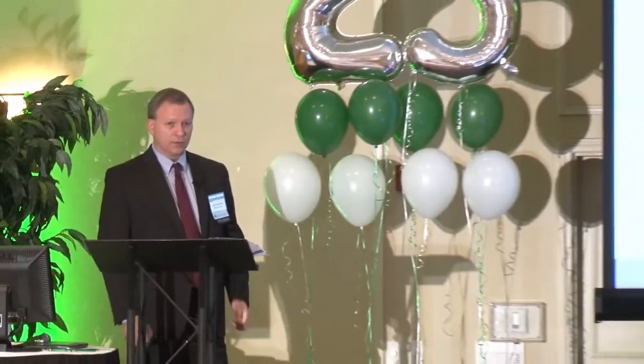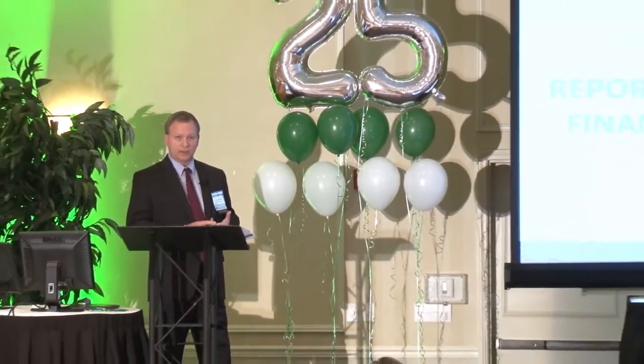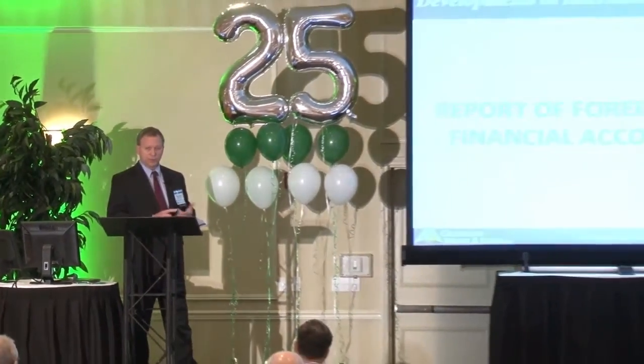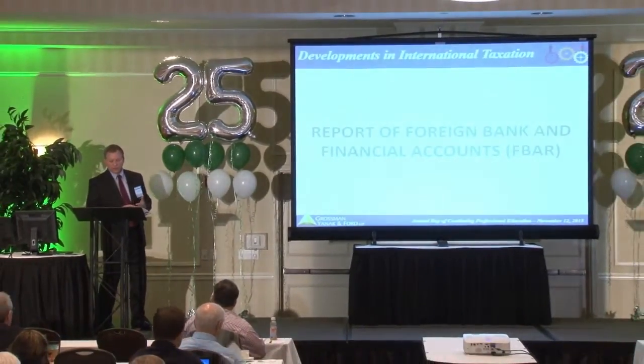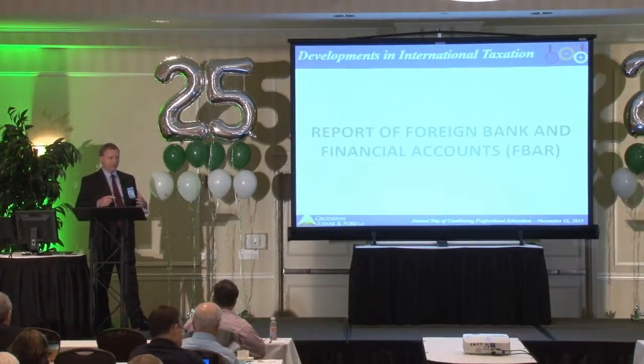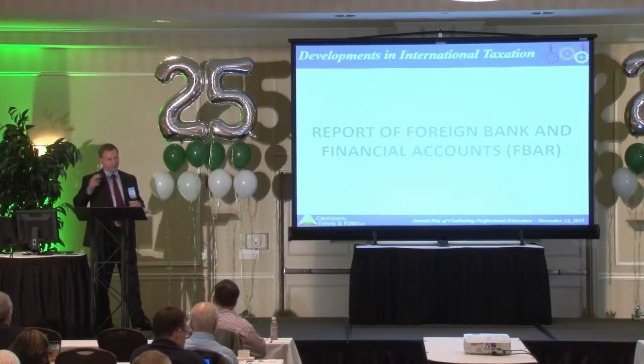The second area I want to talk about, as you're all aware, is that the IRS has access to all your investment income. Your 1099s, for U.S. purposes, come right to them. Your Schedule K-1s. So they have a pretty good idea of your U.S. income. What they don't know is your worldwide income, and they've been struggling with this for years.